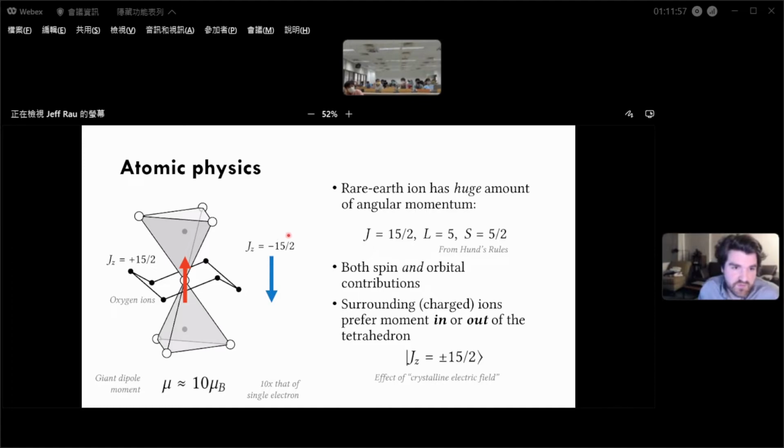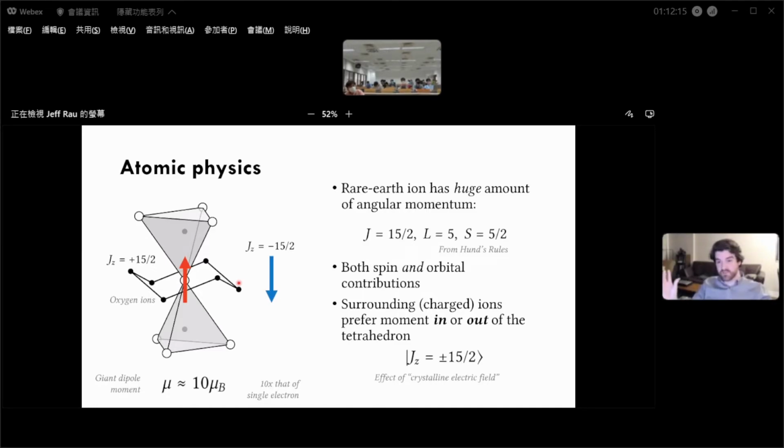Okay, crystal fields. The effect of the surrounding ions picks out some subset of those states. So here you would have a 2J plus 1 degenerate manifold from the atomic physics, but then the spherical symmetry is broken by the surrounding ions.